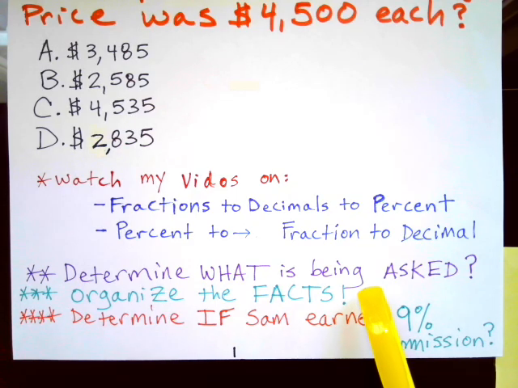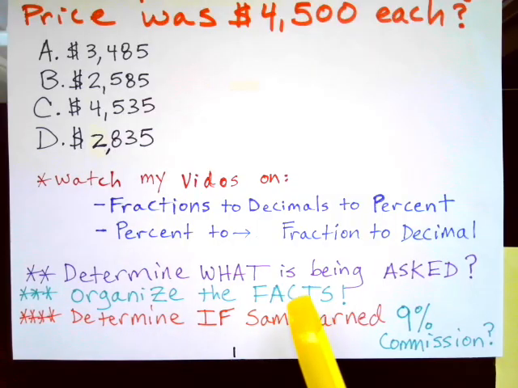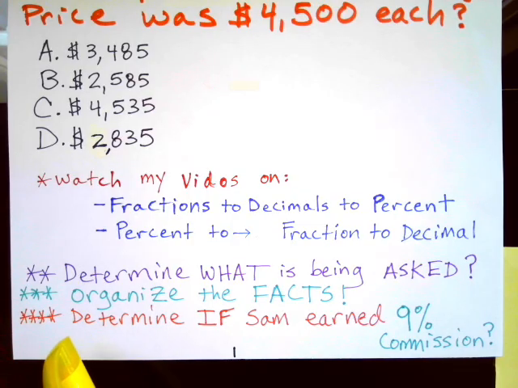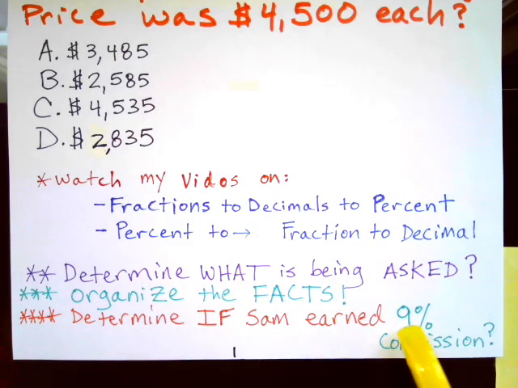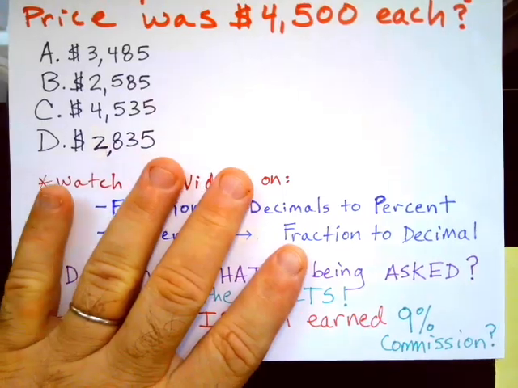We will be organizing those facts in the next coming videos, part two and part three. Determine if Sam earned the 9% commission. In reading through this second or third time, you need to determine if Sam earned that 9% commission. That's a very important part of answering this particular question.